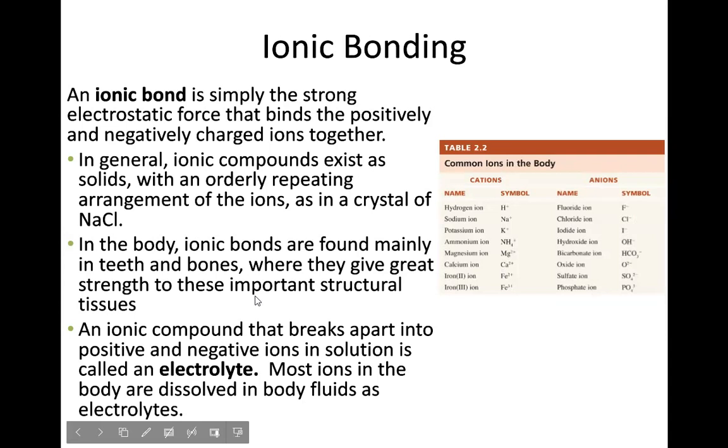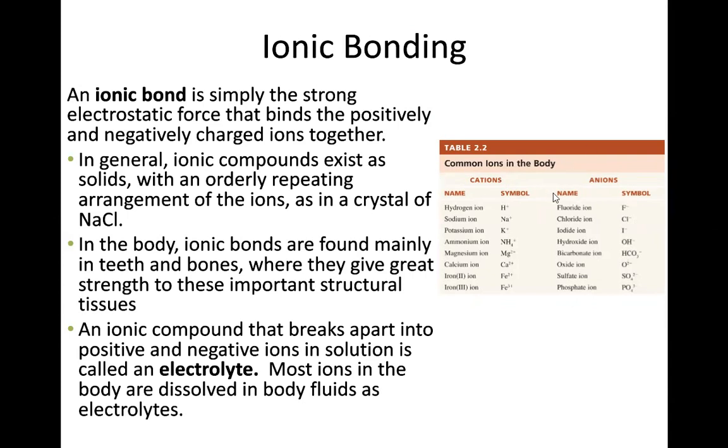I'm sure you've heard the term electrolytes before. Anytime you watch Gatorade commercials, it says great source of electrolytes. Just a fancy way to describe it. It's got lots of sodium, potassium, chloride, lots of ions in it, essentially. Things that we can lose when we sweat, for example, because our sweat is super salty, which I imagine a lot of you knew already.